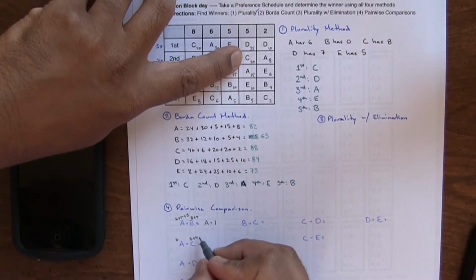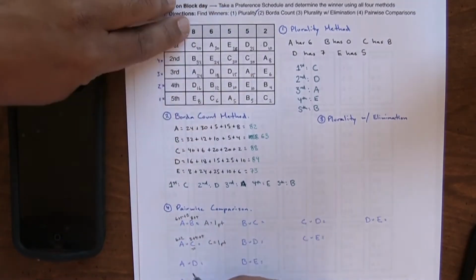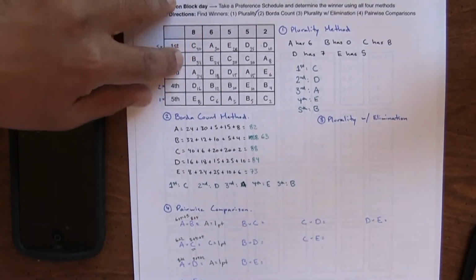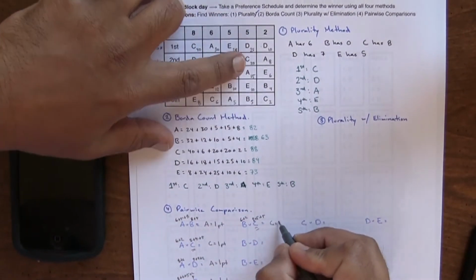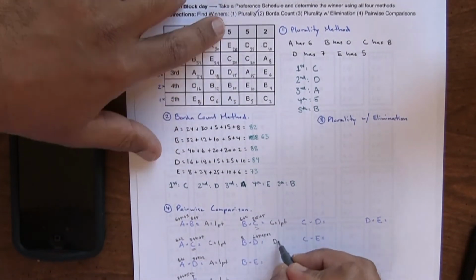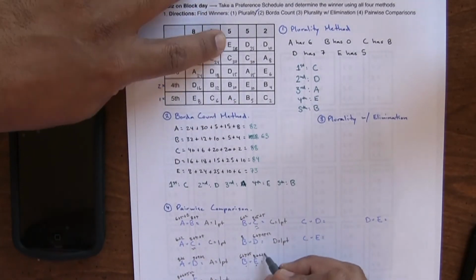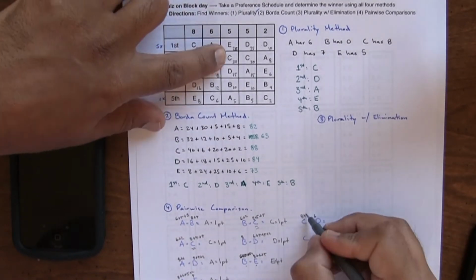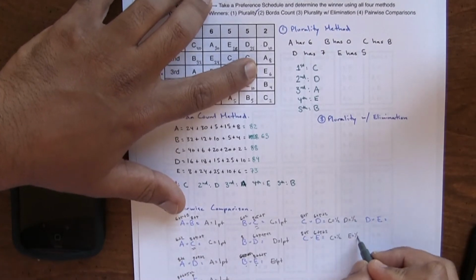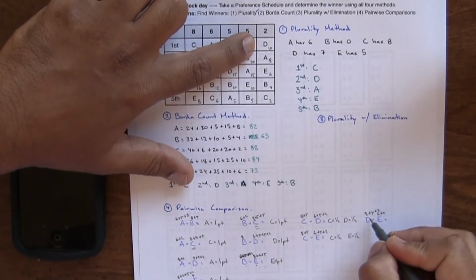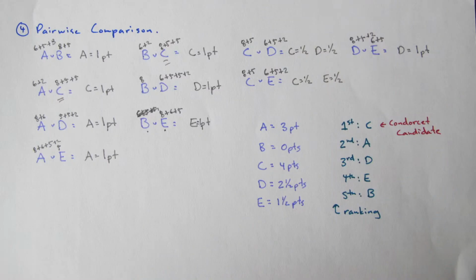C gets those next. 15. So D gets 1 point. Right?